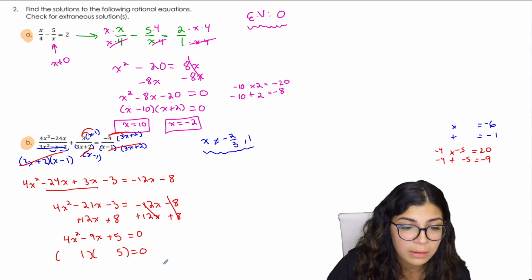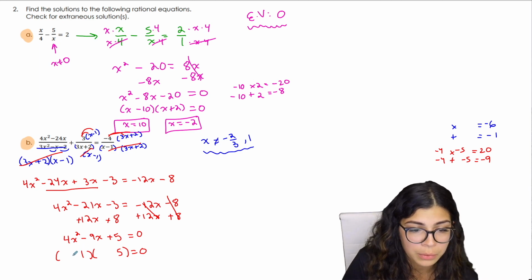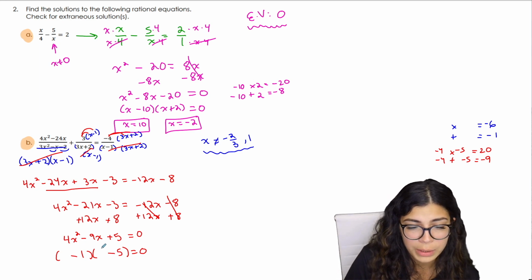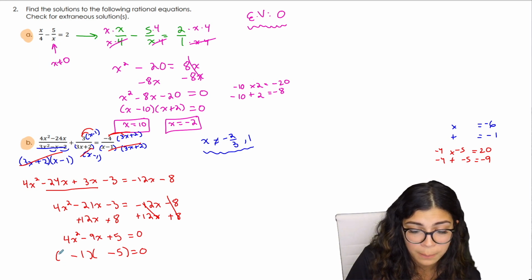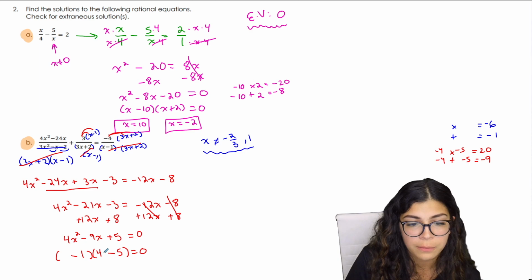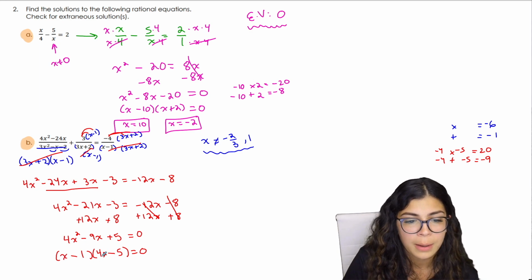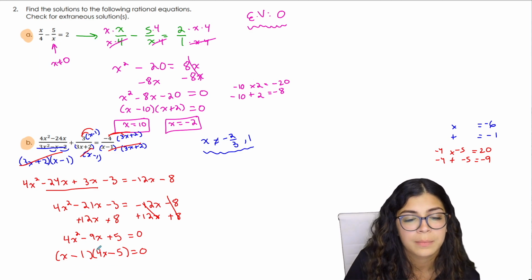And both of those would have to be negative because we're adding to a negative 9. I'm probably going to want to multiply the 4 over here, because if I put it over here, then it would be negative 20, which is just way too high. So if we put the 4x here and the 1x here, that would be negative 4x and negative 5x, which would add to negative 9x.